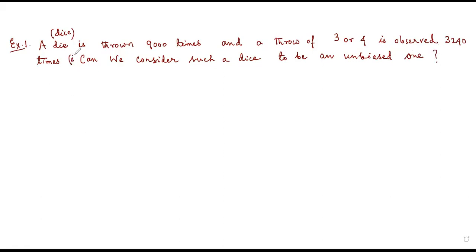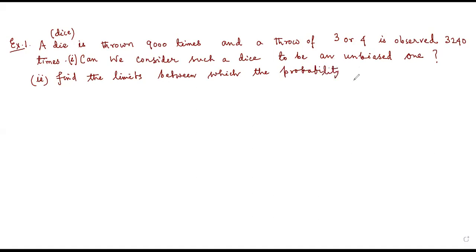So let us put 1 over here in the question, and part 2 of the problem is like this. Find the limits between which the probability of a throw of 3 or 4 lies.